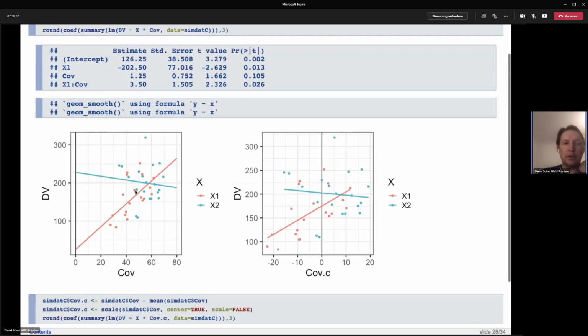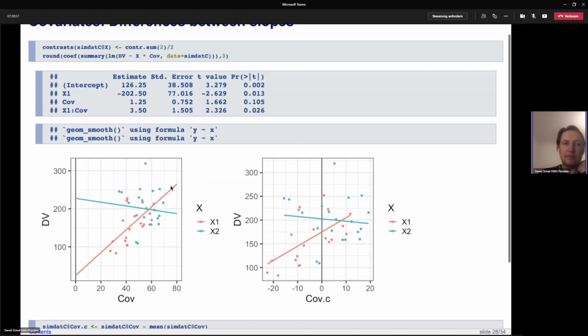So here, this plot on the left side is the data that we have resulting from the simulation. We have a covariate that varies between, let's say, 30 and 70, and we have a dependent variable, and we can see that in group X1 there's a strong increase of the dependent variable with higher values of the covariate, and in X2 there's a slight decrease.